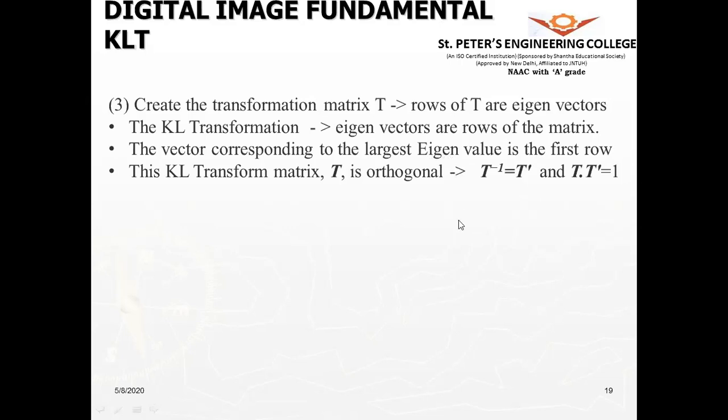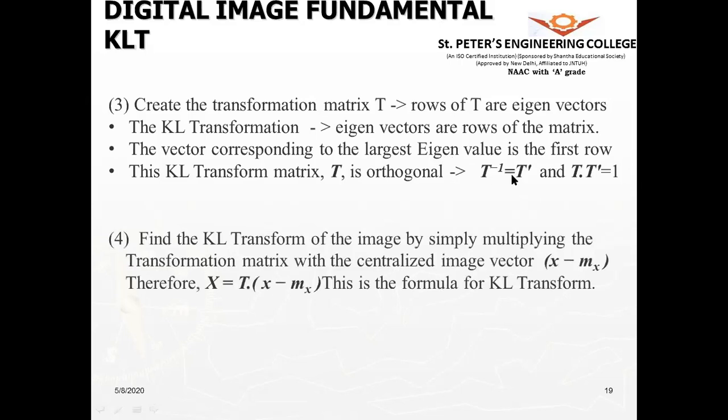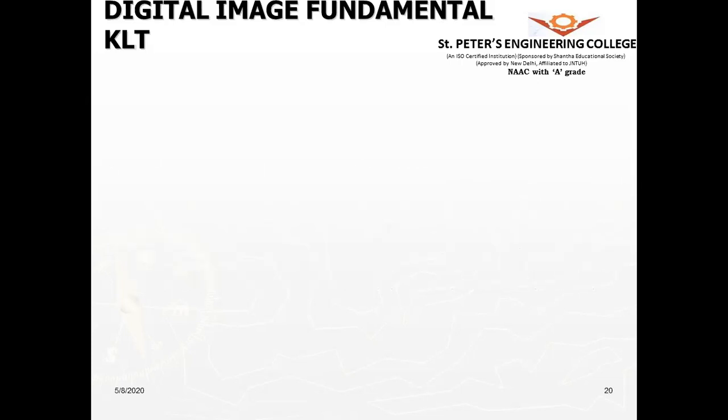So it will be in descending order. Now this KL transform matrix is orthogonal, so therefore it satisfies these two conditions. Next, we find the KL transform of the image by simply multiplying this transformation matrix with the centralized image vector. Therefore, this is the formula for finding the KL transform.